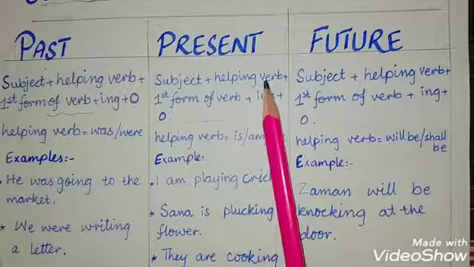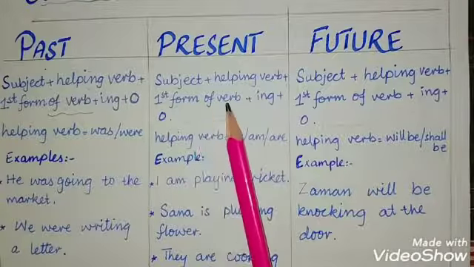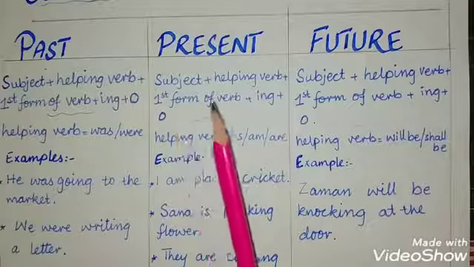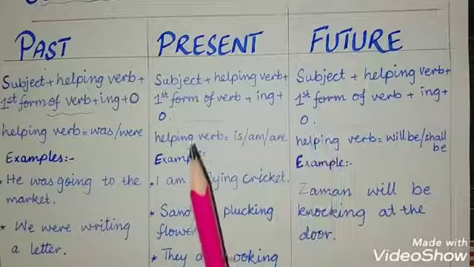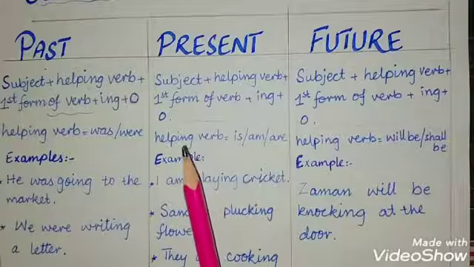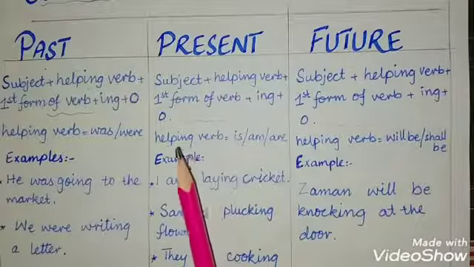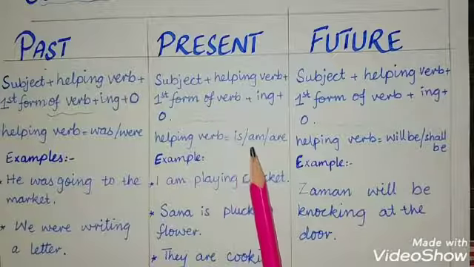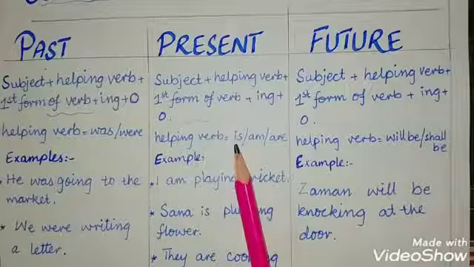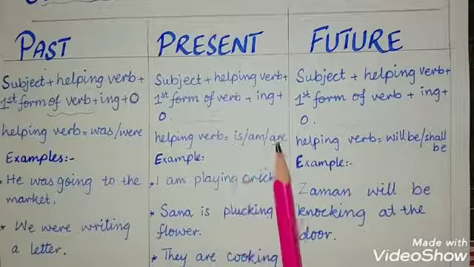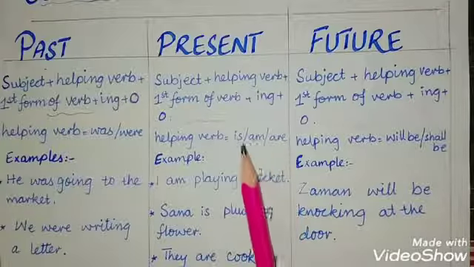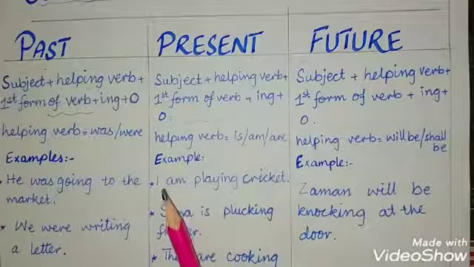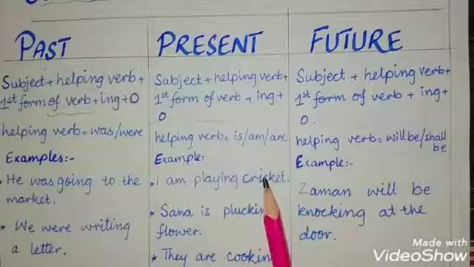Subject plus helping verb plus first form of verb plus ing plus object. All three continuous tenses have the same formation but have different helping verbs. The helping verbs of present continuous tense are is, am or are. Is is used for singular noun, are is used for plural noun, and we use am with I. For example, I am playing cricket.